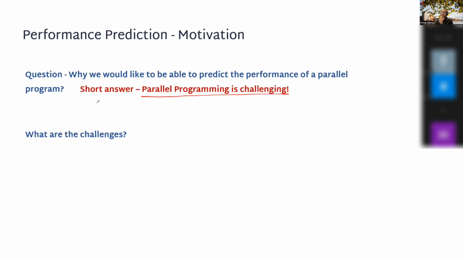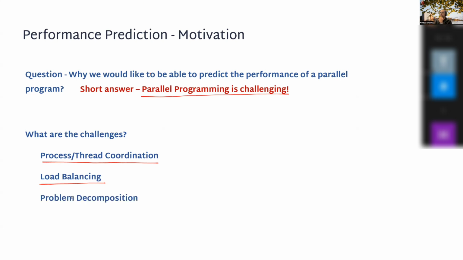And the challenges of writing a parallel program are, for example, the thread and process coordination, because they need to have synchronization. We need to be really careful about load balancing, which means dividing the workload equally to the threads or processors. Then problem decomposition is also not as straightforward in a lot of applications.